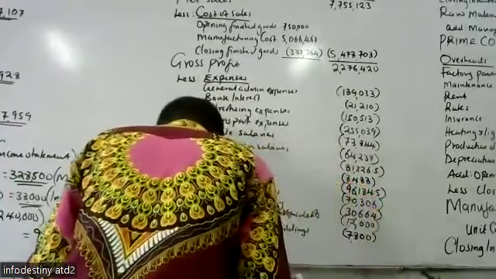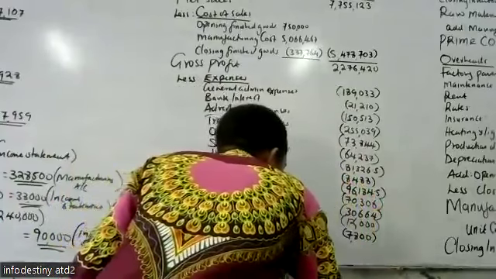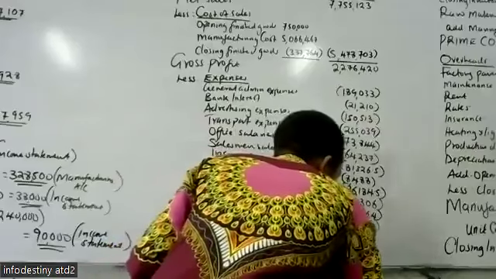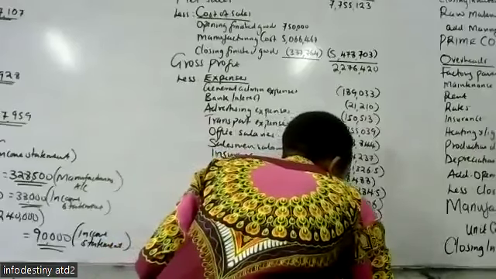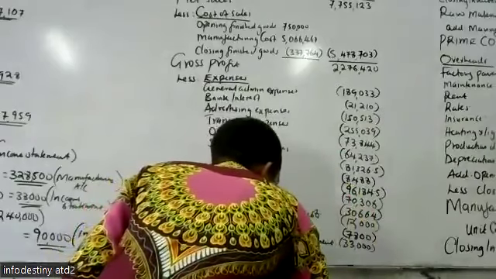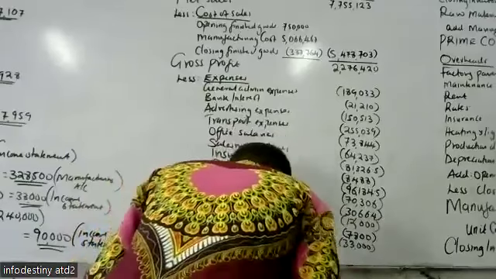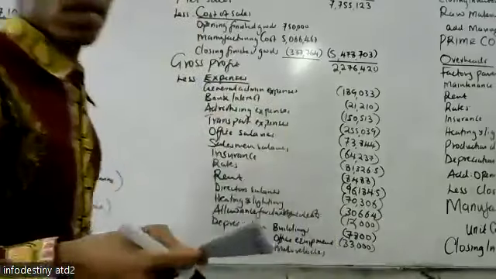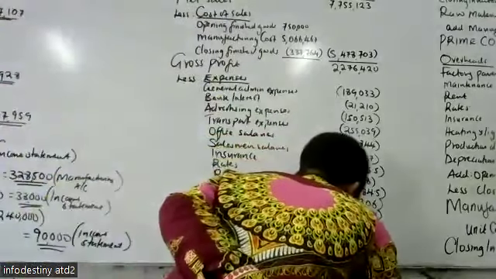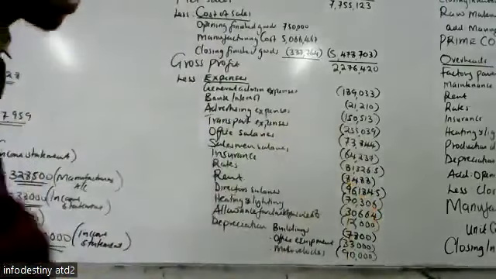The next one is office equipment, 33,000. And lastly, motor vehicles, two vehicles, 90,000.